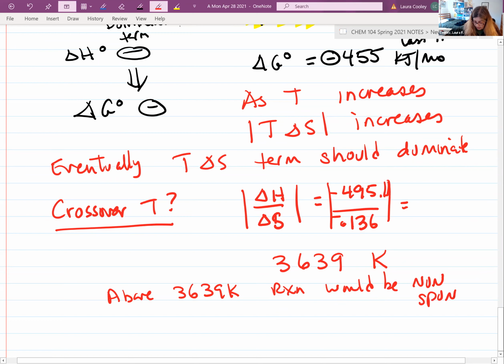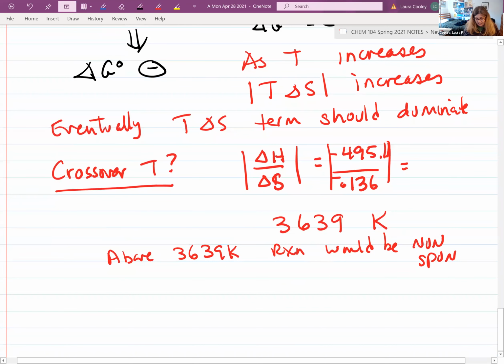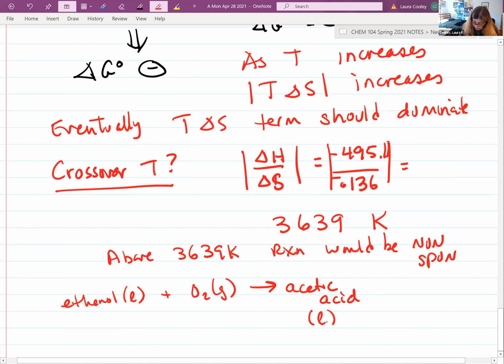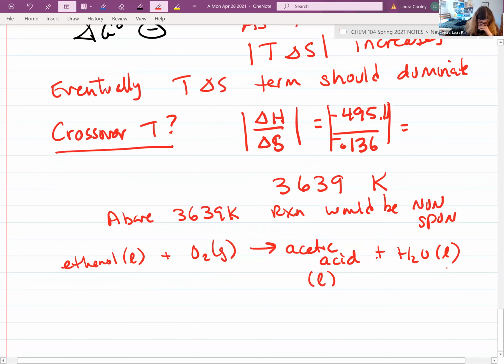So above this really high temperature, the reaction would be non-spontaneous. But let's think about what's going on in this reaction. We have ethanol, liquid, plus oxygen gas. Well, oxygen will be fine at 3,600 Kelvin, but liquid ethanol, no way. First of all, it'll evaporate. Second of all, it'll decompose. It probably won't exist anymore in the same way. The same thing goes for acetic acid as a liquid, which is completely evaporated, and so will water, and probably won't exist in the same way at those high temperatures.